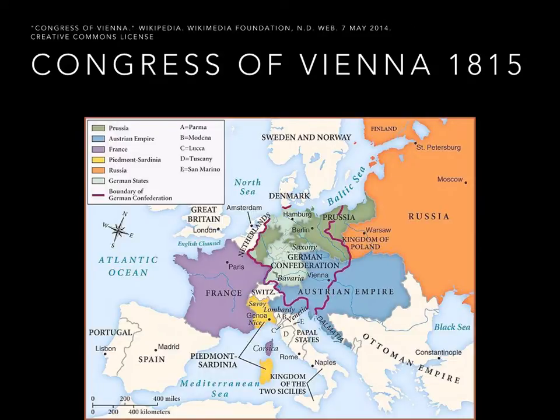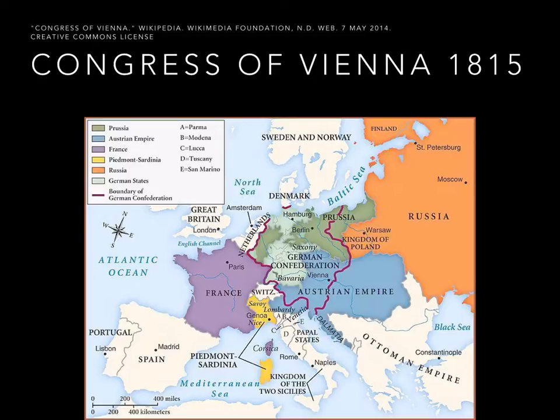This is a map that you're likely to see, the Congress of Vienna in 1815, a major turning point in European history. So what you want to look for, as I say, Italy is a key. What's happening in the Holy Roman Empire or Germany is key. Here you see the rise of Prussia, yet it's not a united Germany.